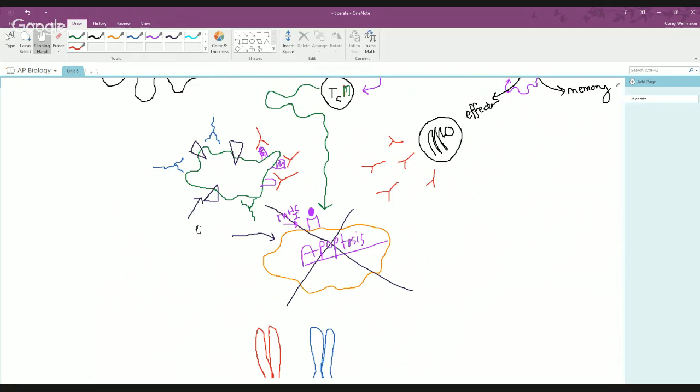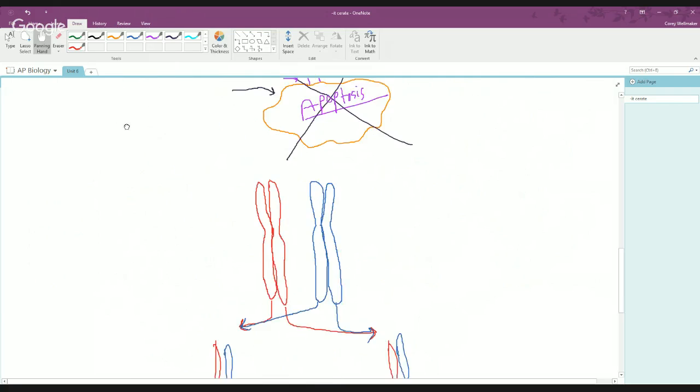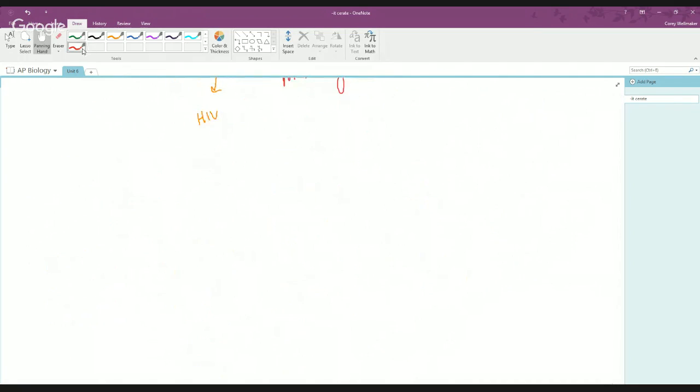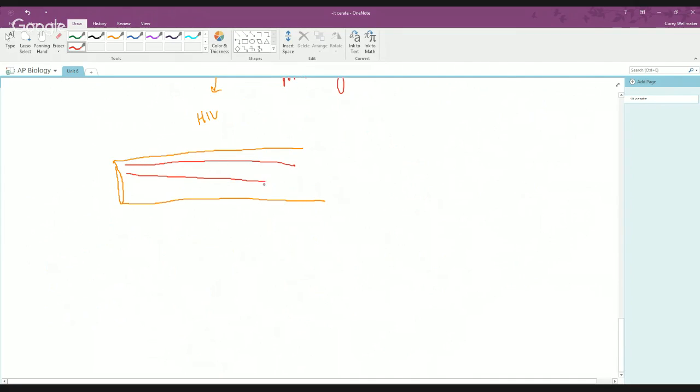Muscle contraction, okay. I can do that. Muscle contraction, we are going to look at a muscle fiber cell, which is a really, really long cell that is filled with protein filaments called myofibrils.